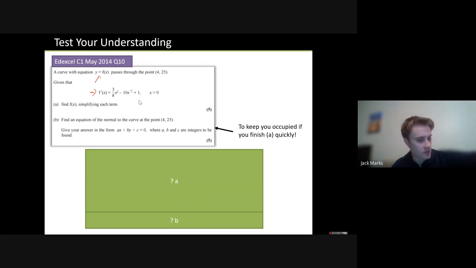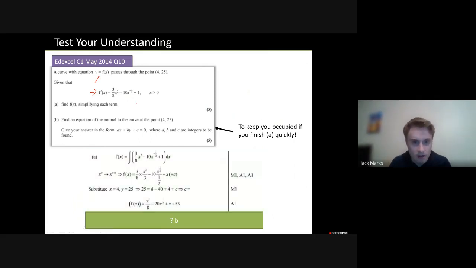Okay, so I'm assuming that you've had a go at that one there now. So everything was in index form already, so we just said that we're going to integrate everything. What do we get? Well, increase the power, x cubed, divide by 3. That's sort of unsimplified. They've put here divide by a half.